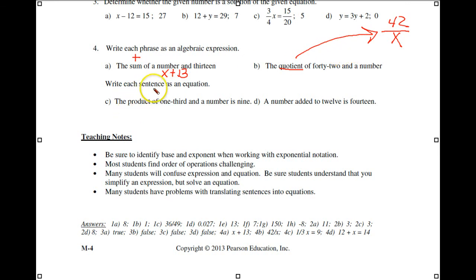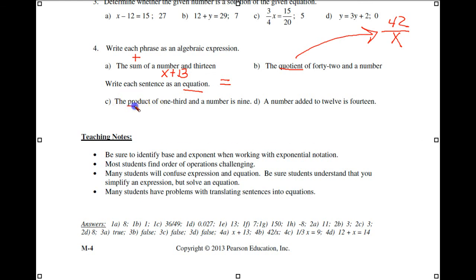Now we're going to write this sentence as an equation. Remember, so far this was just an expression. With an equation, we're going to have to insert an equal sign somewhere. The product of 1/3.